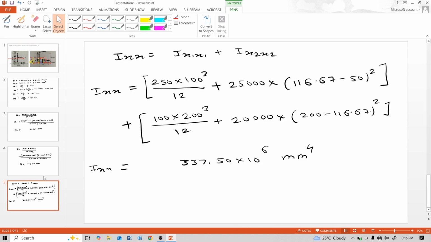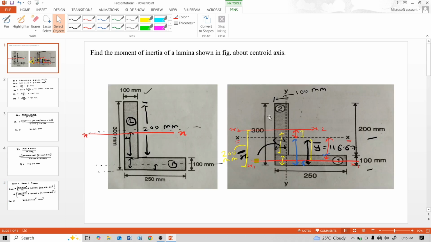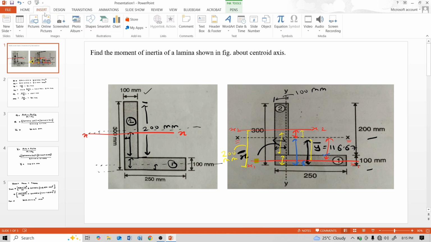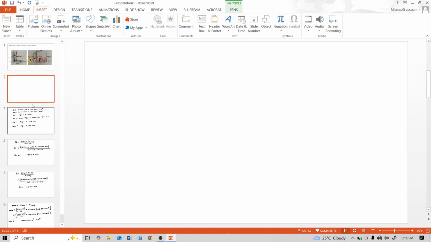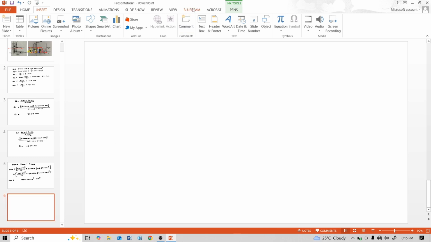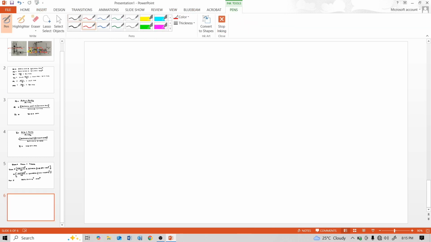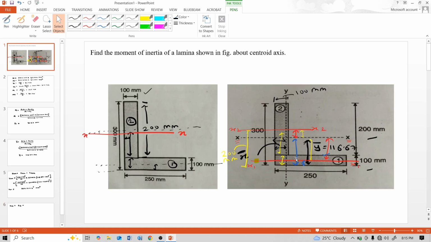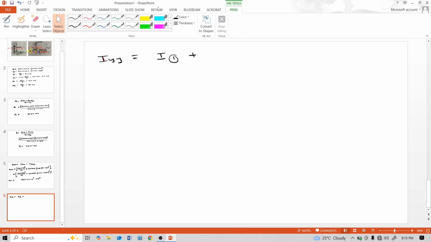Now next, moment of inertia about the y axis. Iyy is equal to the moment of inertia of one part, that means this first rectangle, plus the moment of inertia of this second rectangle.